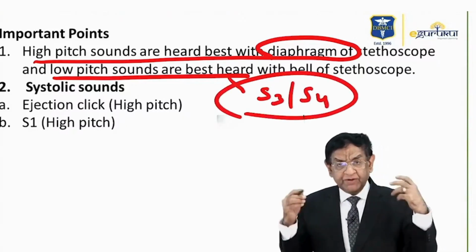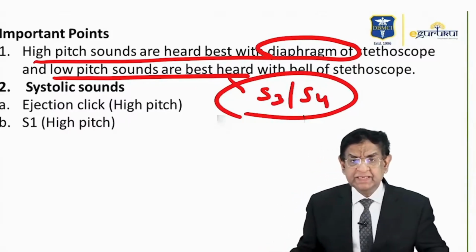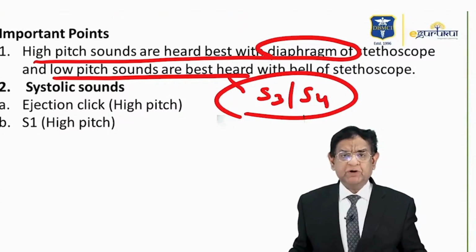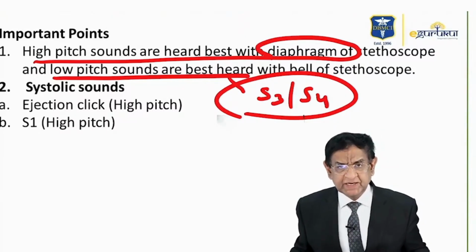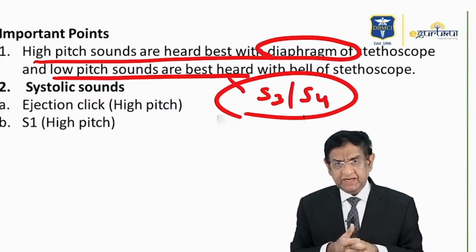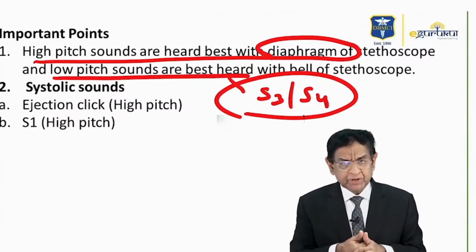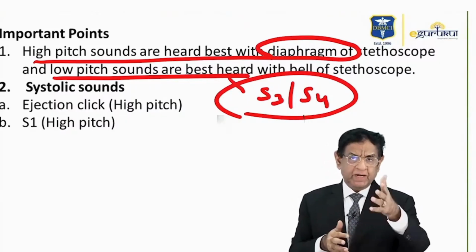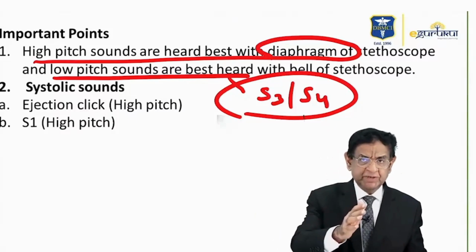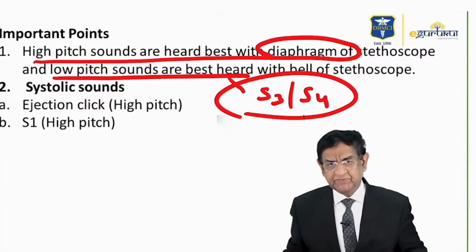So if in the exam the question is asked, there is one patient who has mitral regurgitation and you want to hear the additional sound, what important precautions will you take? Number one, you will ask the patient to turn to the left decubitus position, which you did yourself also.